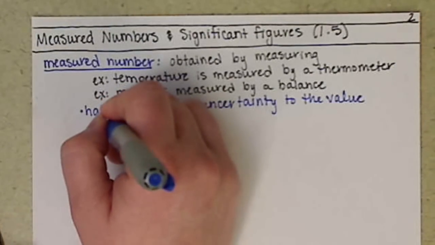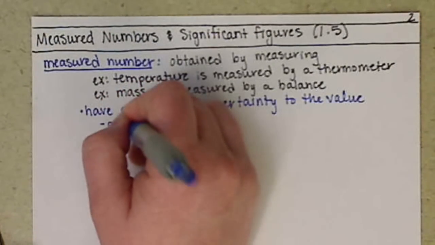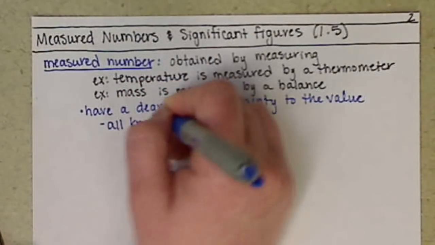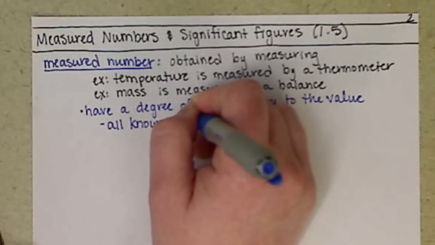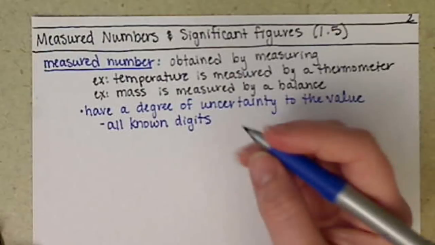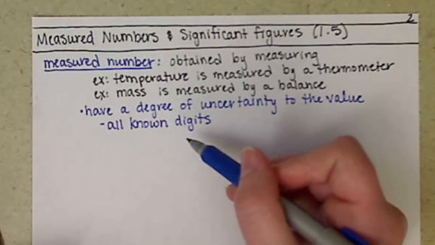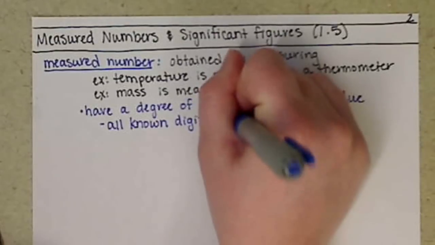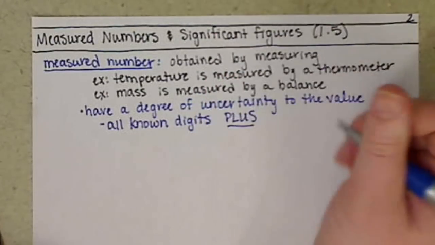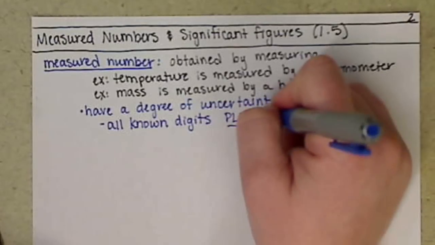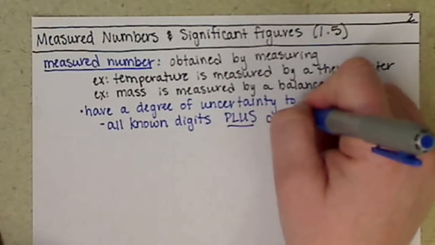So they are going to have all of the known digits, basically digits that don't have any discrepancy between them. They're very established. And then we're going to have plus one unknown digit.